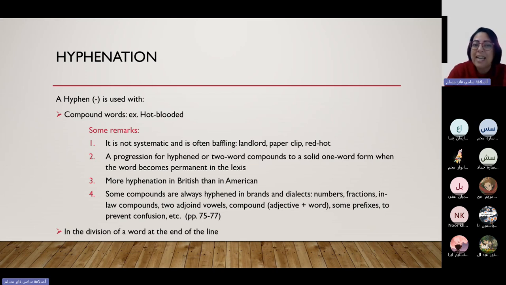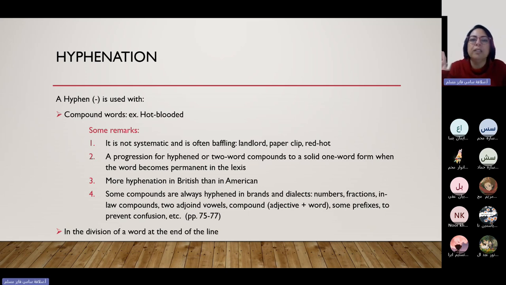Okay, مثلا زي landlord, زي paper clip, زي red hot. وحدة كلمتين ملزقة، وحدة كلمتين separate، ووحدة كلمتين فيهم hyphen. Okay, so when do I put them and when do I not put them and when do I link both words?